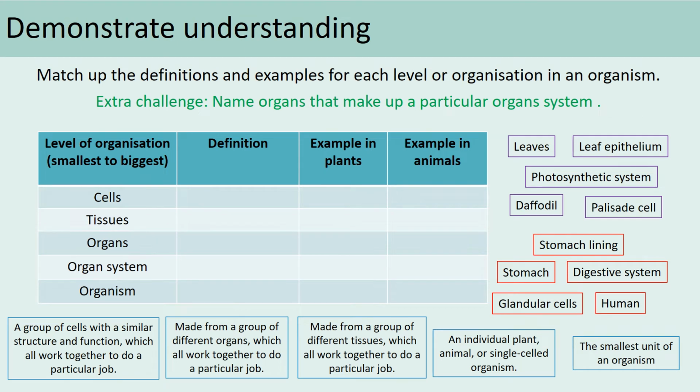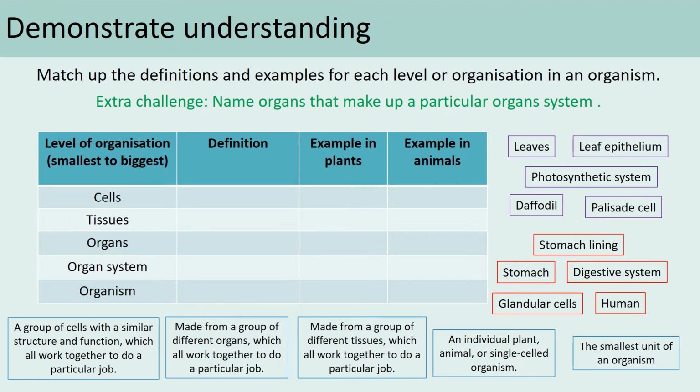Okay, so what we're going to do now, using your pencil and ruler, obviously, can you draw out the table that you can see on the slide? We've got the different levels of organization going from the smallest to biggest. So the smallest level of organization is cells. Then you go up to tissues, then organs, organ system, and then organism.